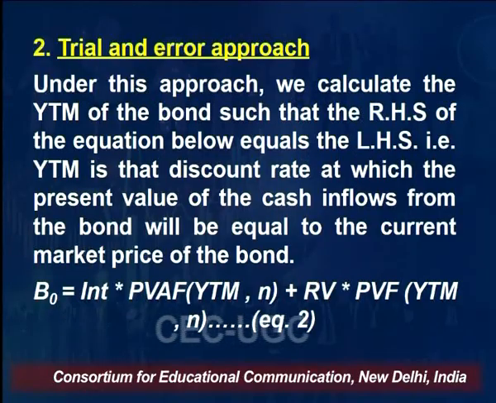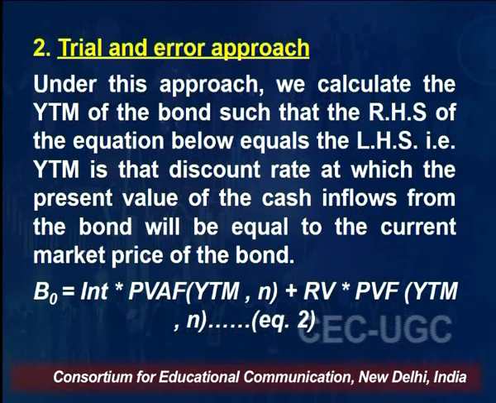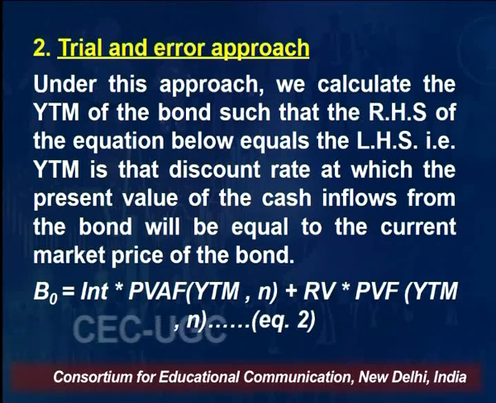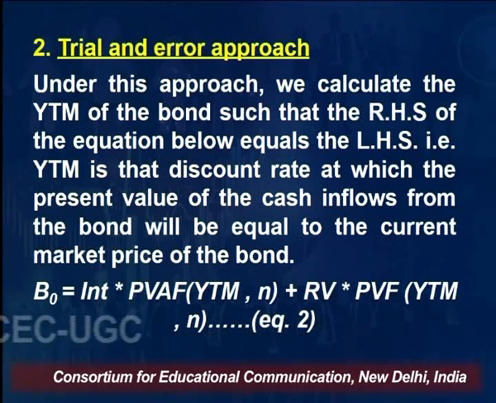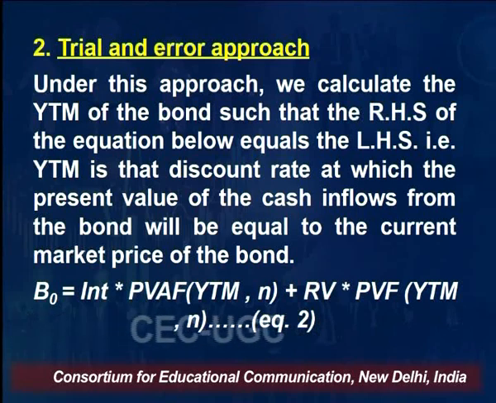Under this trial and error approach, what we do is: interest multiplied by the present value annuity factor at the YTM rate for n number of years, plus the redemption value multiplied by the present value factor at the YTM rate for the nth year. On the left hand side, we are writing the current price of the bond, which I am mentioning here as B0.